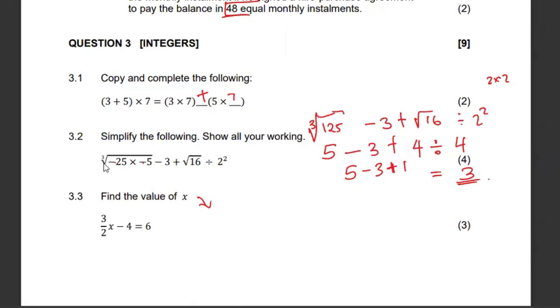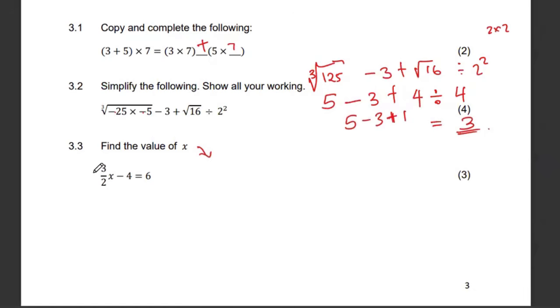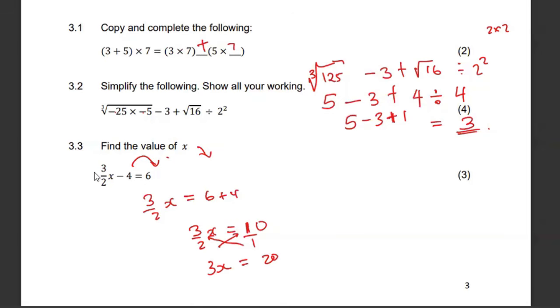All right, and then 3.3, you need to solve this equation. So with solving equations, move the numbers to one side, leave the unknowns on one side. So 3 over 2x is equal to 6 plus 4. So 3 over 2x becomes a 10. And then do the cross multiplication, meaning that 3 times x, or 3x times 1, and then 2 times 10, which is a 20.